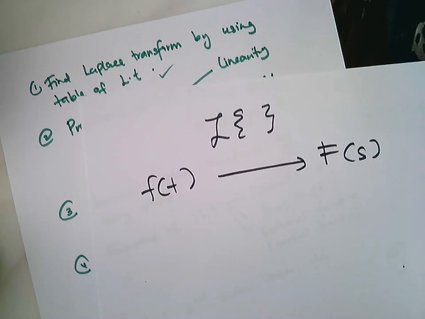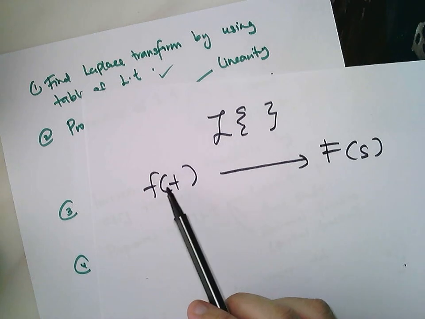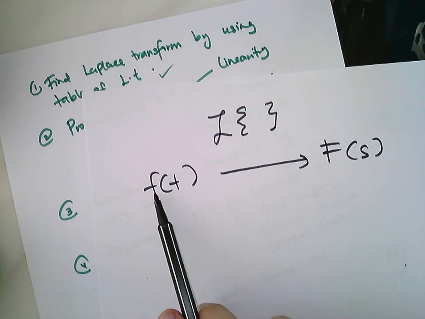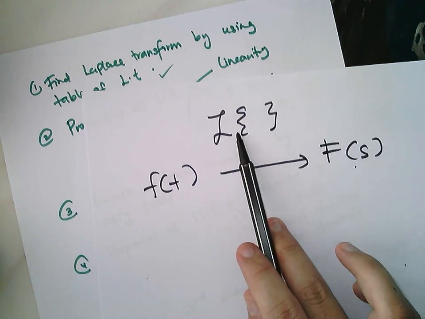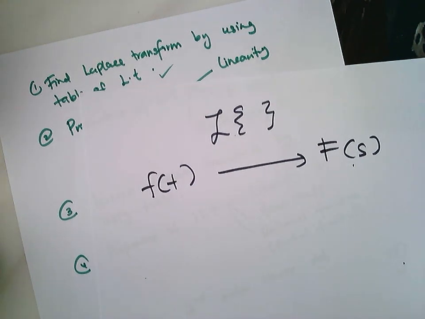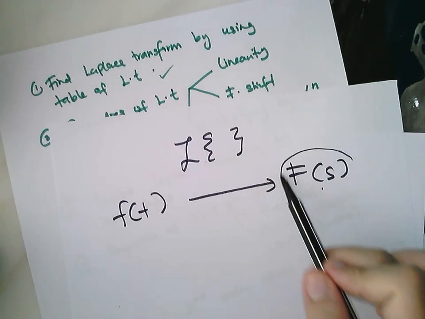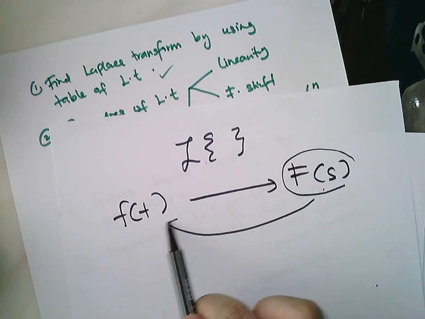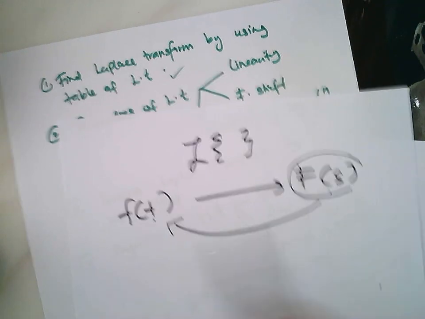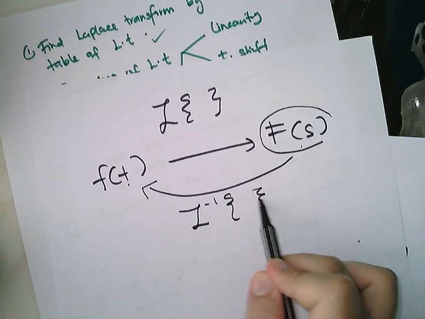What we have learned is to transform from f(t) to F(s) by using the Laplace operator. In my next video we will look at how to get back from this to the function f(t). So you need to apply the inverse of the Laplace transform.